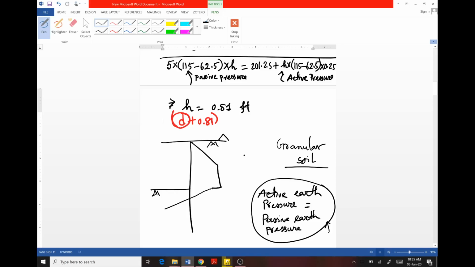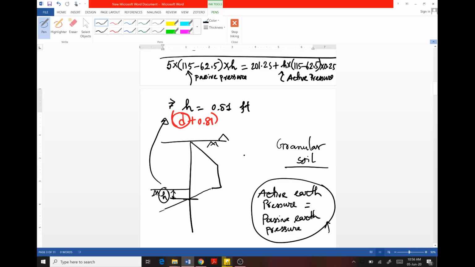Then we will have to determine the height of this to complete the whole earth pressure diagram. To determine the height h, we have already determined h equals 0.81 feet with the equation active earth pressure equals passive earth pressure.